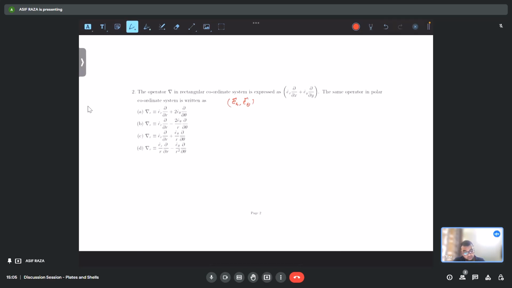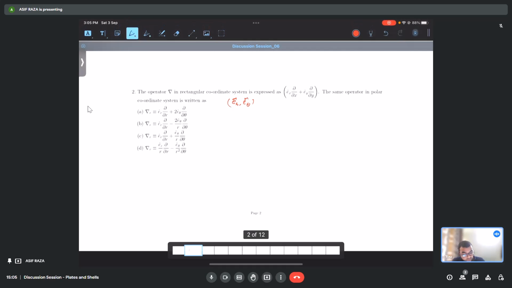So how do we solve this? As I drew earlier, this is my ex, ey, and we have er, e theta at certain theta. So how do we get this?